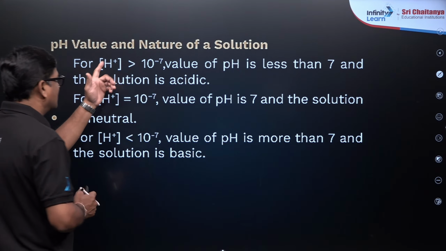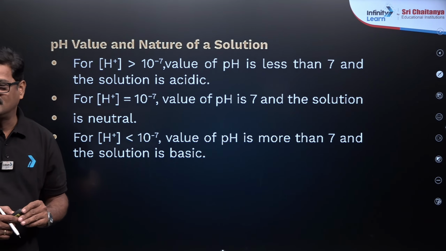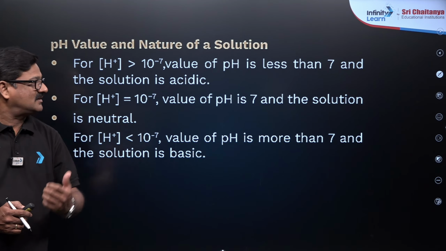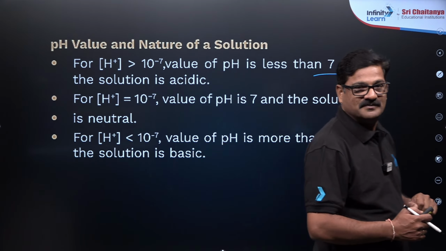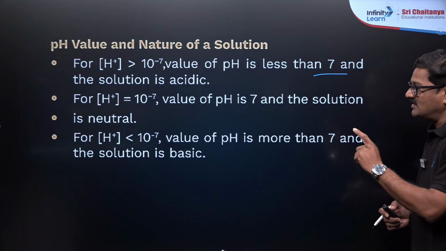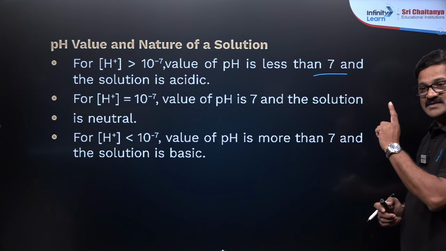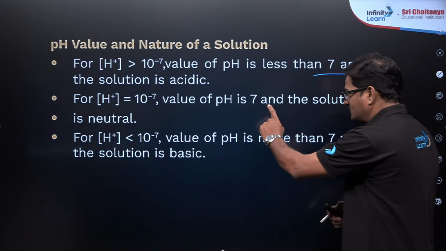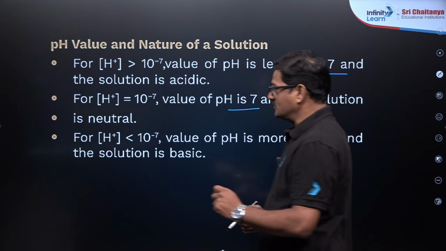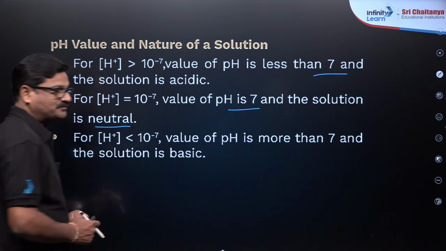For H plus greater than 10 power minus 7, the solution is said to be acidic, and the pH is going to be less than 7. When the H plus ion concentration is equal to 10 power minus 7, the pH is going to be 7 and the solution is said to be neutral.